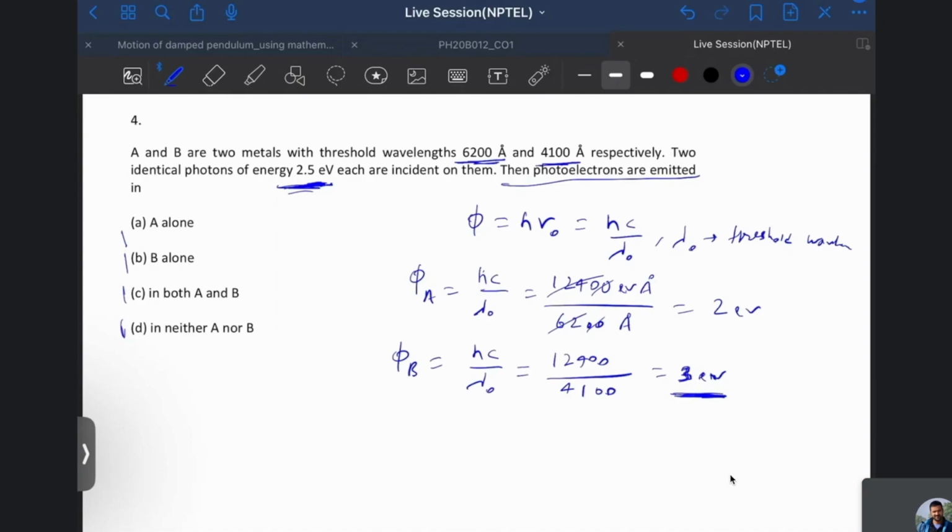You need at least 3 electron volt to get the electrons out of metal B, right? So only A can emit the photoelectrons because it has work function less than 2.5 electron volt, correct? So option A alone is correct.